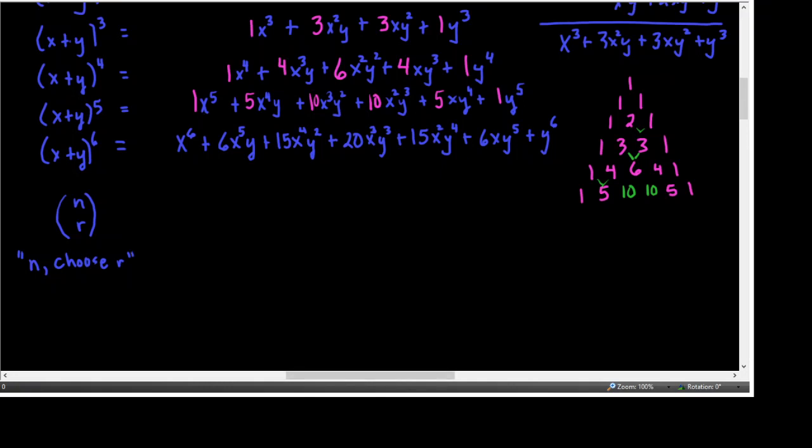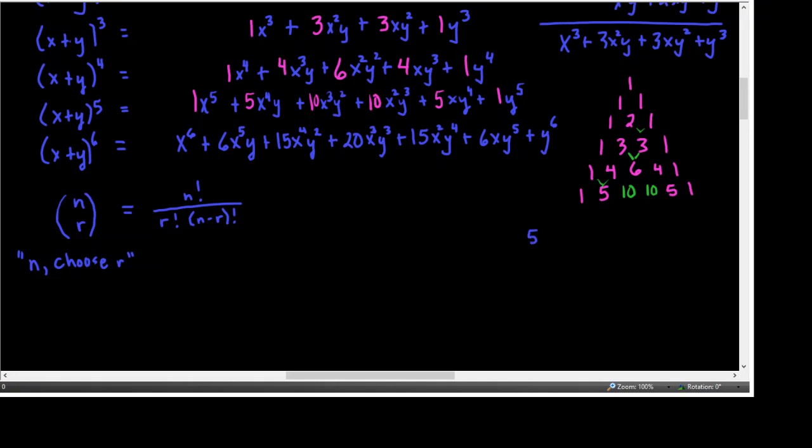And the calculation of n choose r is n factorial divided by r factorial times n minus r factorial. Let me remind you what n factorial means.